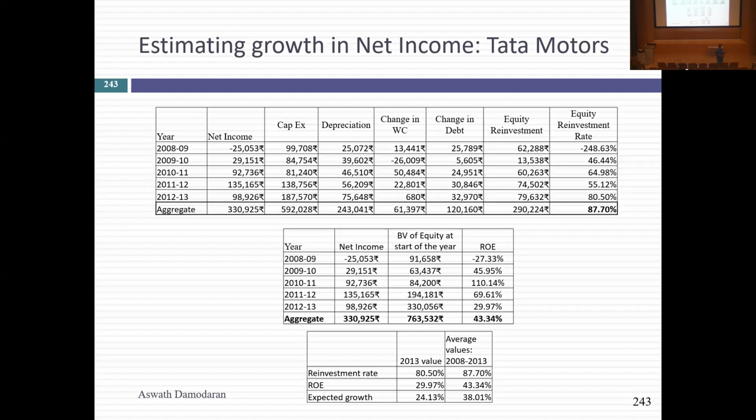Be a skeptic on every single number. Collect all the information on your company, on the industry. Bring in all the qualitative things you know about your company, who runs the company, what they do, and then you make that final judgment. And if you ask me, how do I know I'm making the right judgment? You don't. But then nobody does. You're making your best estimate, given what you know about the company.